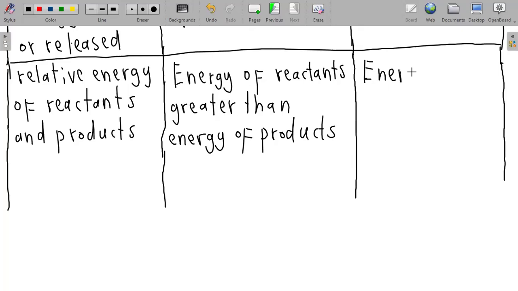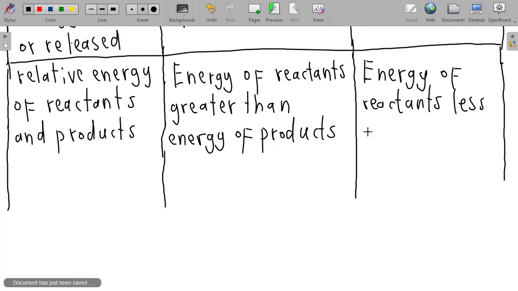It's energy of reactants less than energy of products.